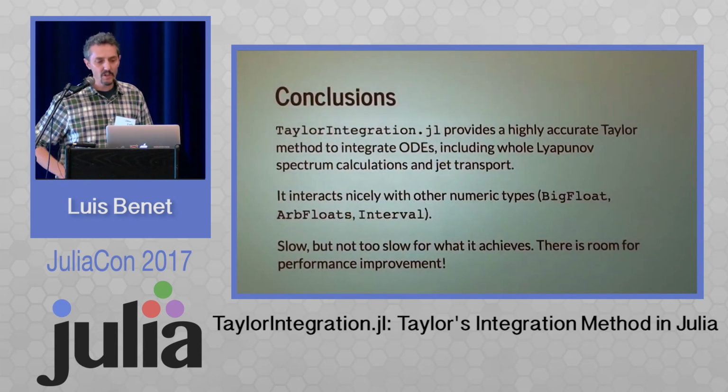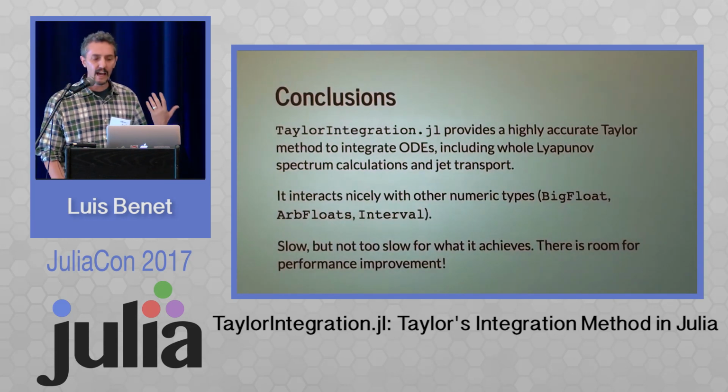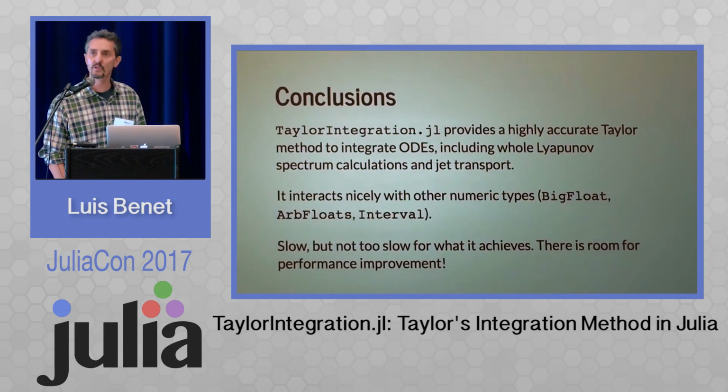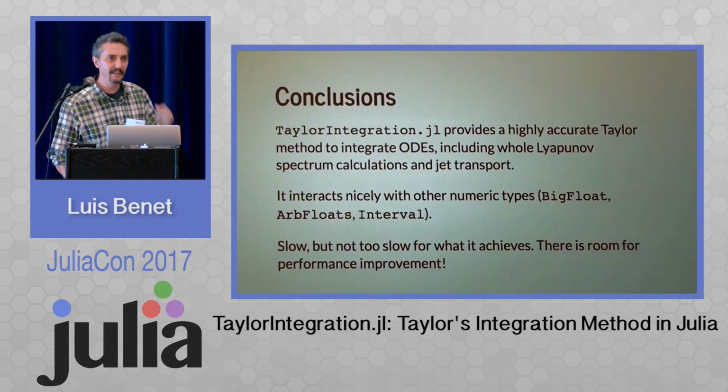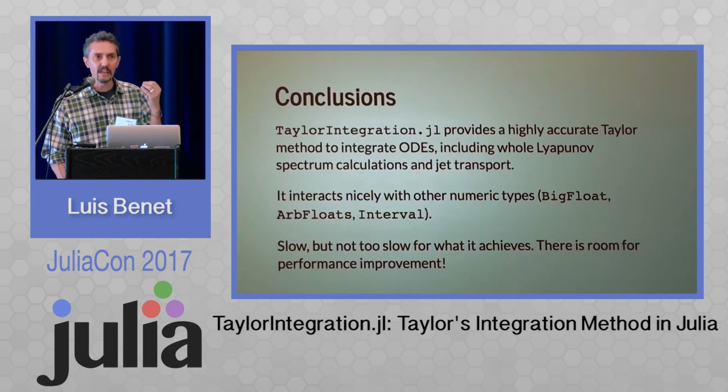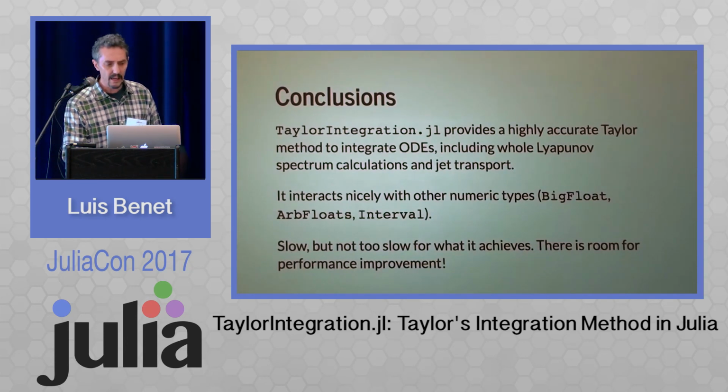With Taylor integration, you can achieve very highly accurate integrations of ODEs if you are actually looking for that. If you're content with whatever Euler or Runge-Kutta of order 2 gives you, you should stay away from Taylor integration. But if for some specific reason you need 10 to the minus 14 in accuracy, you should maybe take a look at this.